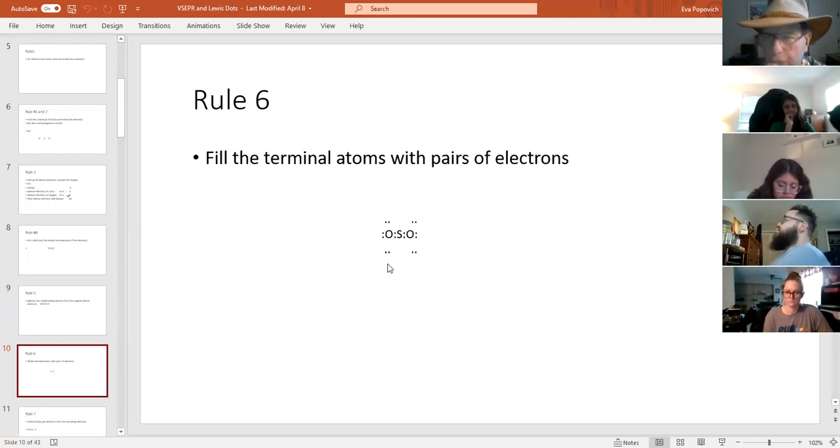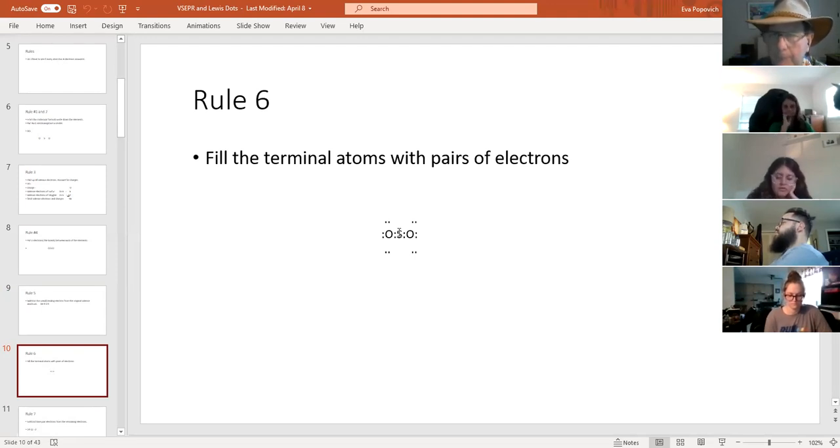Did somebody have a question? Yes. Where did you get the 4 that we're subtracting? All right, Veronica, I have to have a bond. If I don't have a bond, then this oxygen is not associated with that sulfur, right? So I have to put 2 electrons between the sulfur and the oxygen to make that chemical bond.